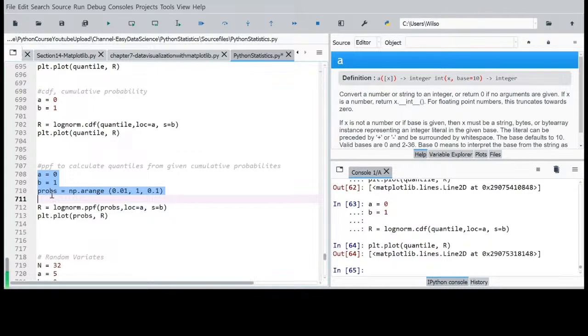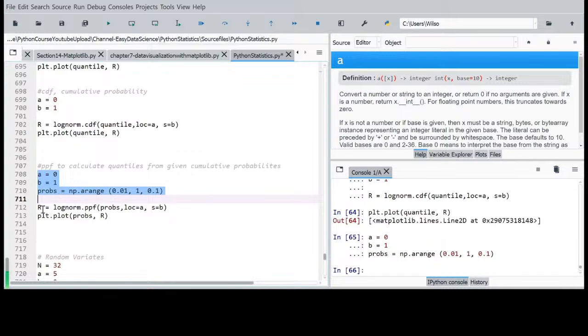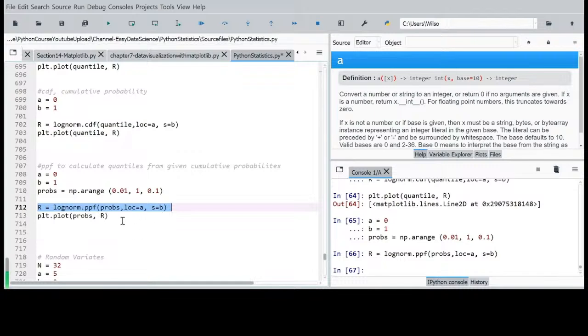Next, we create an array called probability to represent probability between 0.01 to 1 with a gap of 0.1. Because probability can be no larger than 1, we set from 0.01 to 1. Then we can use the function lognorm.ppf to calculate the quantile variables associated with the probabilities array and with the parameters a and b of this lognormal distribution.